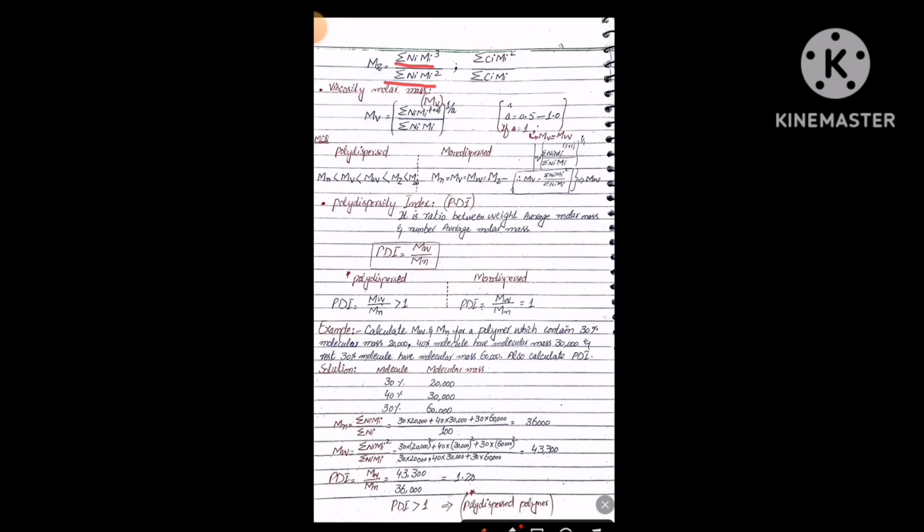What is Ci? When Ni Mi is equal to Ci. Here Ni Mi equals Ci, and here Mi squared is like this, and in the denominator Ni Mi is equal to Ci and one Mi looks like here. So we can also write this formula like this.